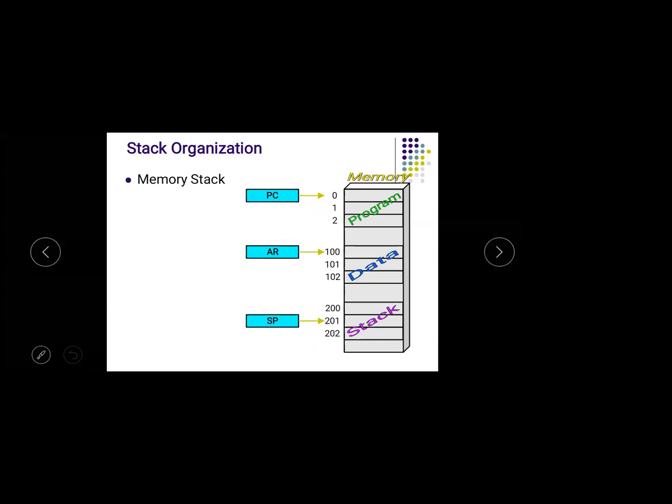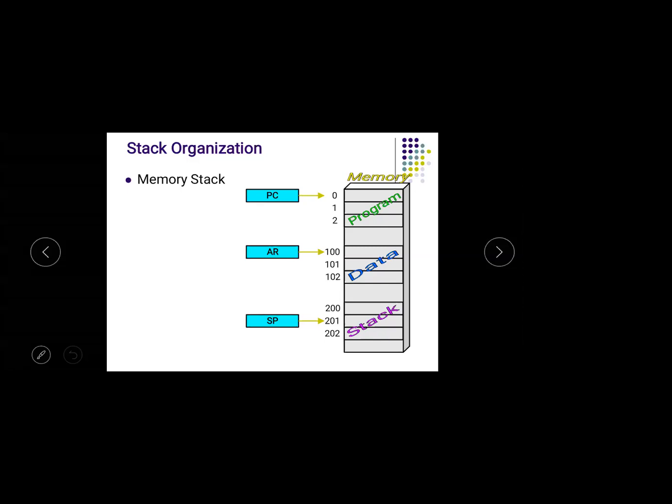This is the memory stack, which is nothing but some number of memory words. A group of memory words is used as a memory stack. The register stack is a group of registers placed one above the other and accessed as a register stack. Similarly, to construct a memory stack, take a number of memory words.